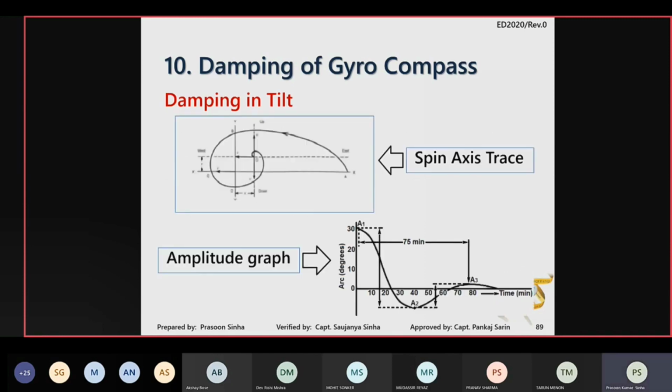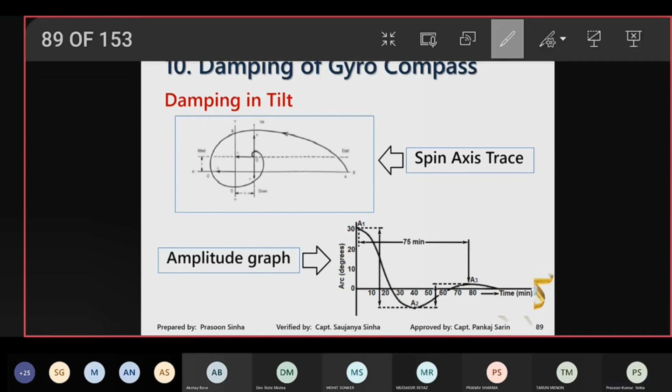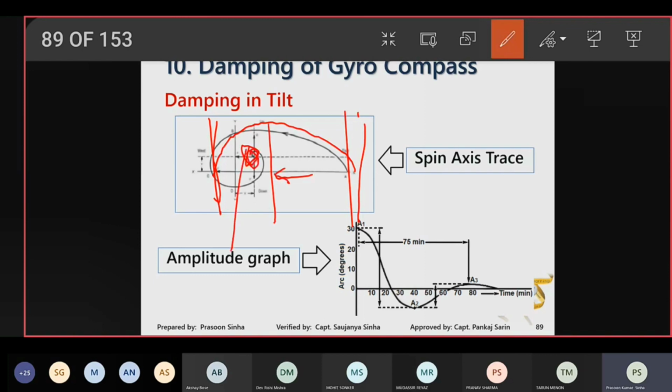So this is what is happening to the settling. It was so much, then on the other hand it went only this much. Next cycle it came here, and finally settled down at the center here, which is the settling point.